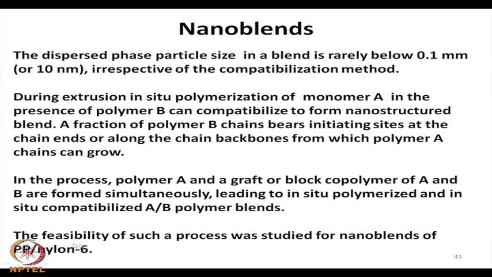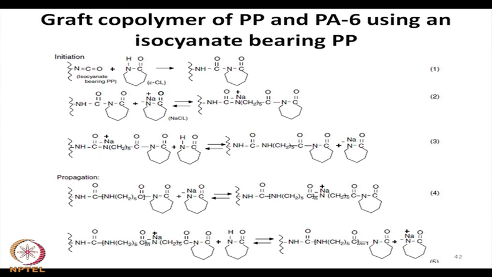The feasibility of such a process was studied for nano blends of polypropylene with nylon 6. So, this reaction scheme shows a graft copolymer of polypropylene and polyamide nylon 6, PA6 meaning nylon 6, using an isocyanate bearing polypropylene.